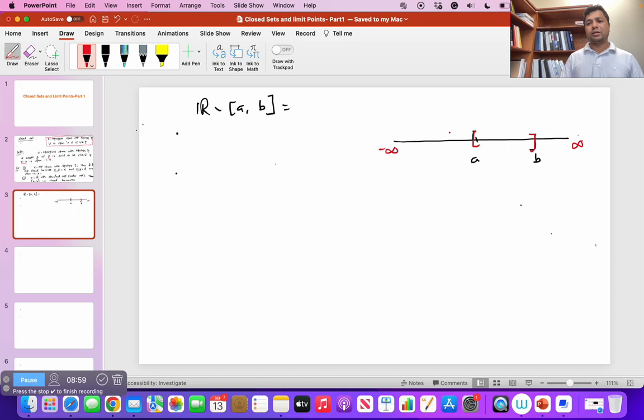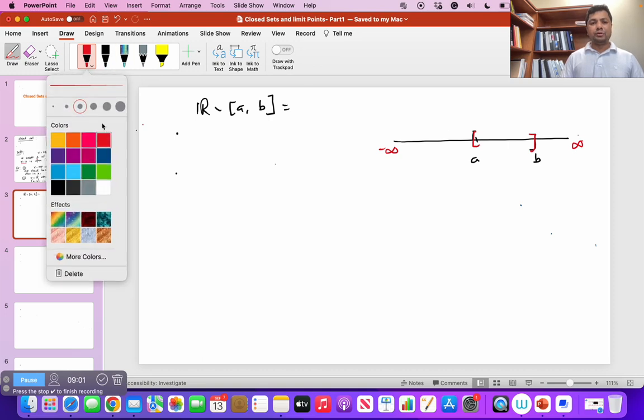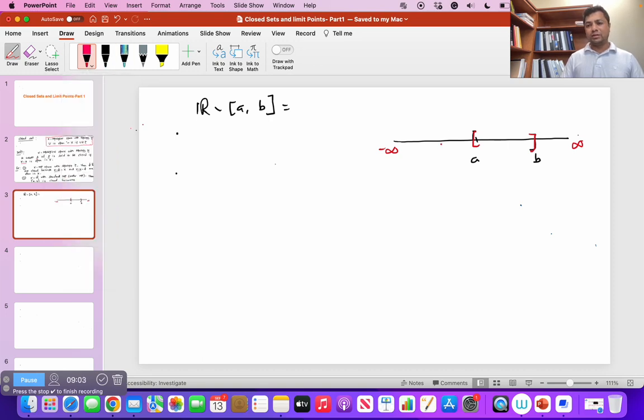Now if you take the complement of this interval, the complement is going to be this part and the union of this part. Here this part is from negative infinity to a, with a parenthesis, because a is not included, since a is included here in the bracket.